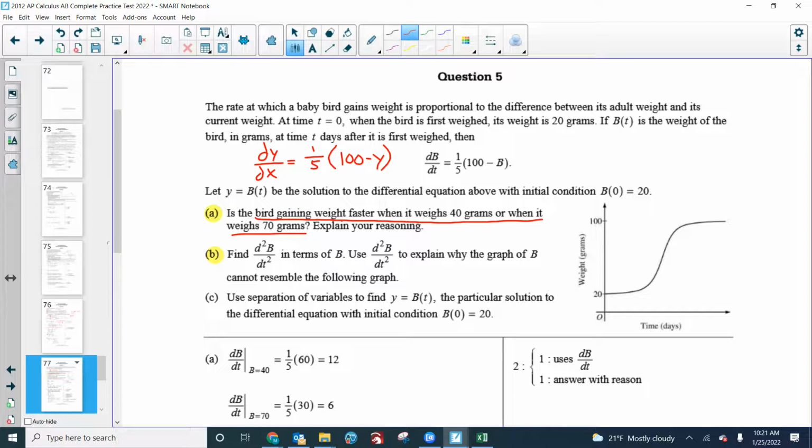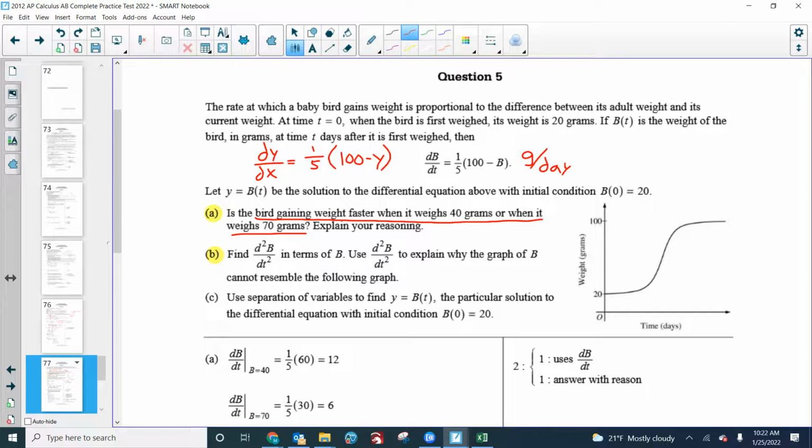Grams per day? You guys agree? Grams per day. So if I'm looking for is the bird gaining weight faster, it makes sense to plug into the grams per day function and find out how many grams per day it's gaining when the weight is 40 and when the weight is 70, right?